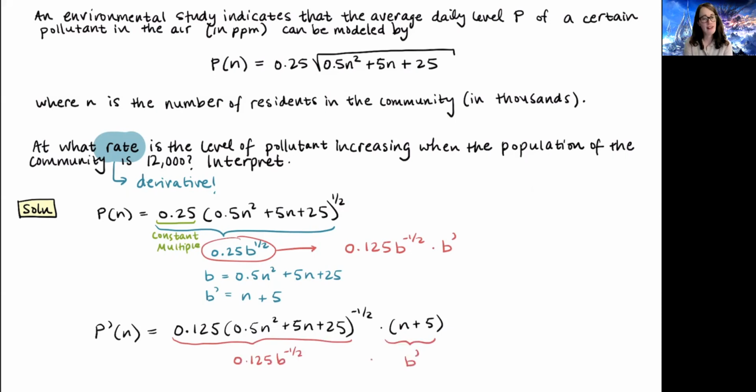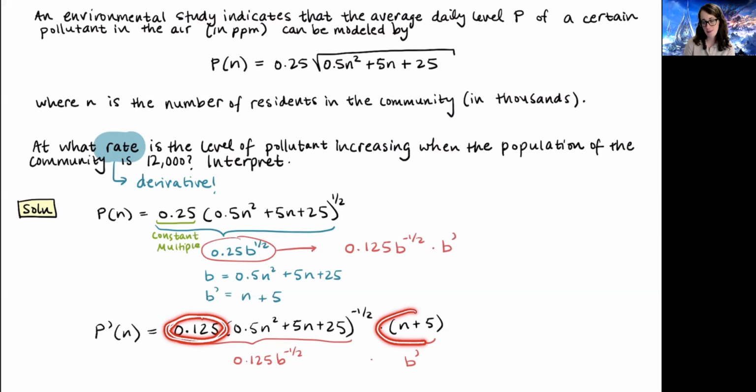Now we want to simplify this always. Simplified derivatives are best to work with. So in this example, remember we want to take our number out in the front and our b prime, and oftentimes combine them together. That is really mostly true when the b prime is a single term.